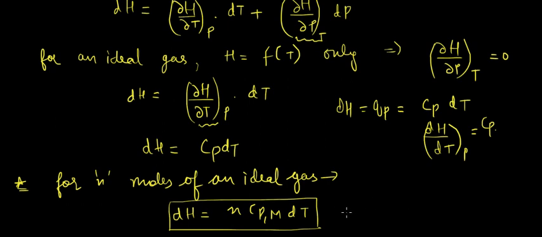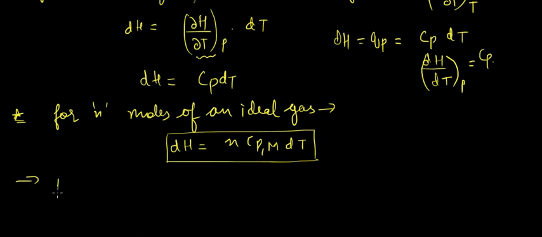So this is always applicable for an ideal gas, and for an ideal gas we also know that PV equals nRT.